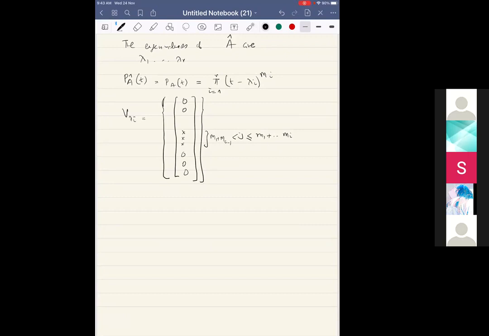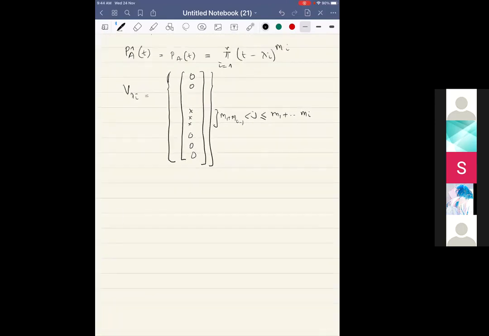Okay. Now let's consider the question. Suppose dim V is greater than 1, call this n, and P_A hat(T) has only one root.